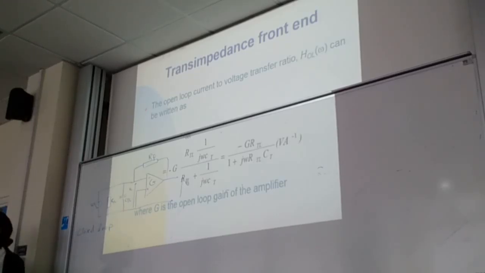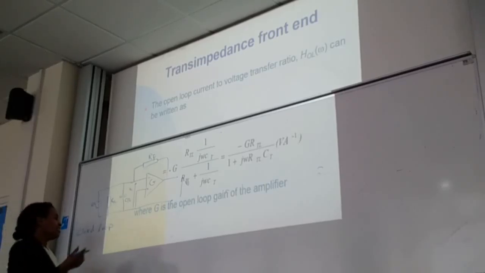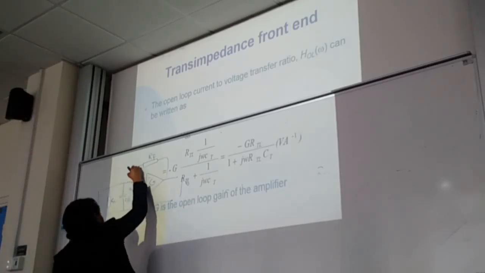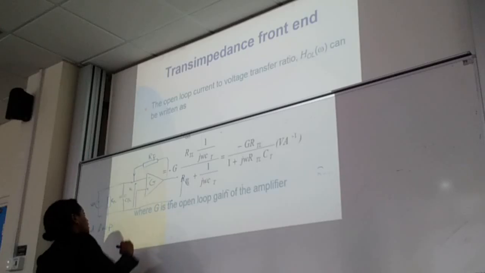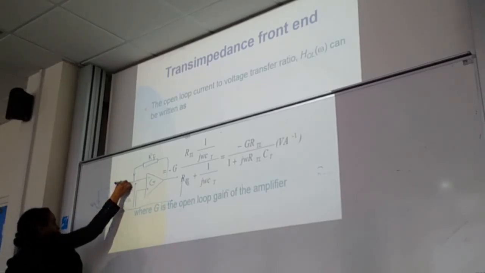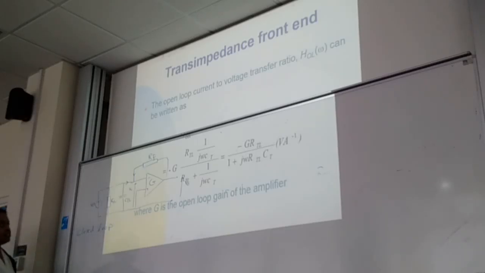Obviously, V out. This is an amplifier. Because V out is higher than V in, the current will flow in this direction, and we have the detector current coming in this direction.